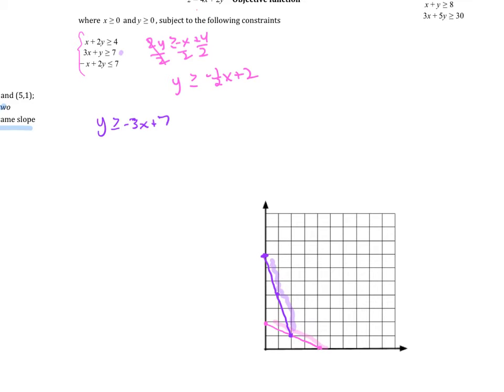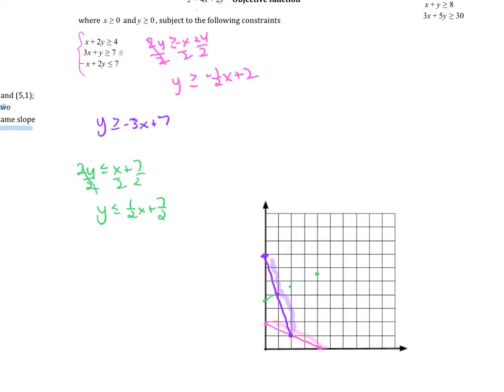Then the last equation, we have 2y is less than or equal to x + 7, divided by 2. So y is less than or equal to 1/2 x + 7/2. So that is 3.5 here, then up 1, right 2, up 1, right 2, up 1, right 2.